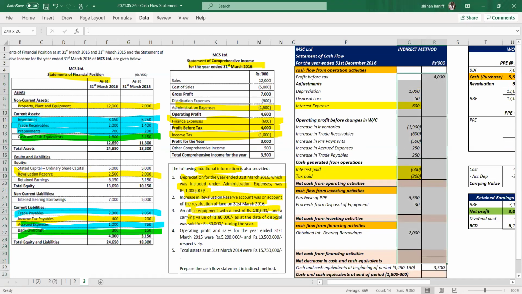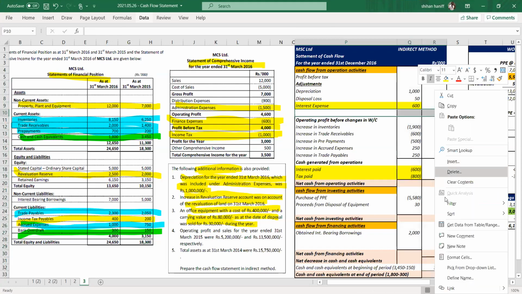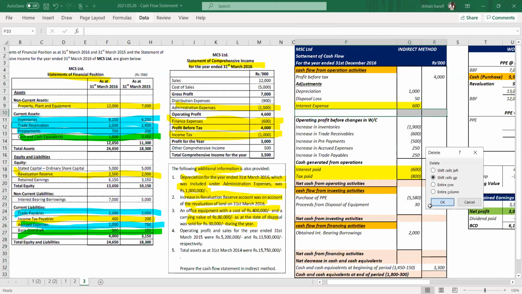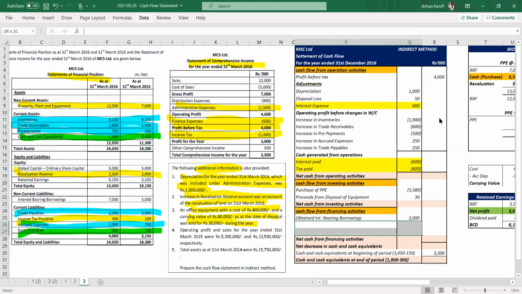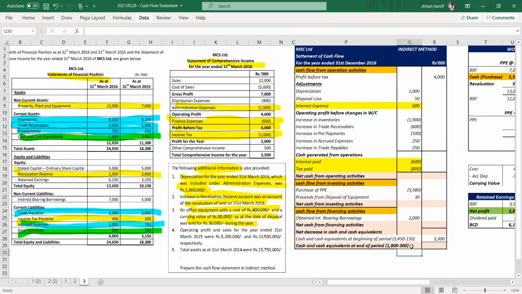What is PPA? Okay, so that's all we have. Calculate the final answer. Is that 150? 150 is bank overdraft.